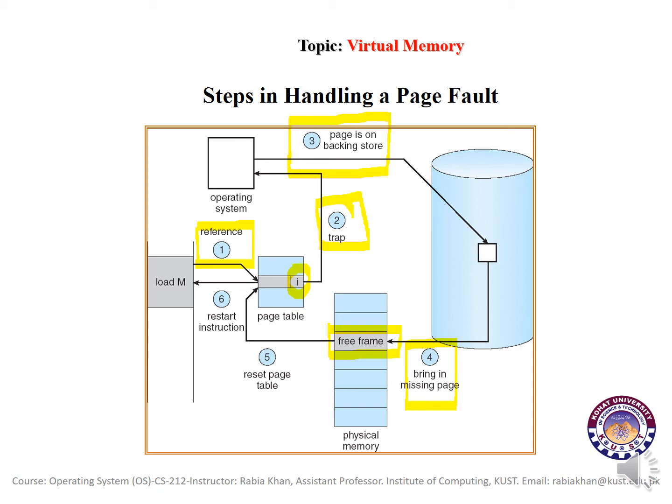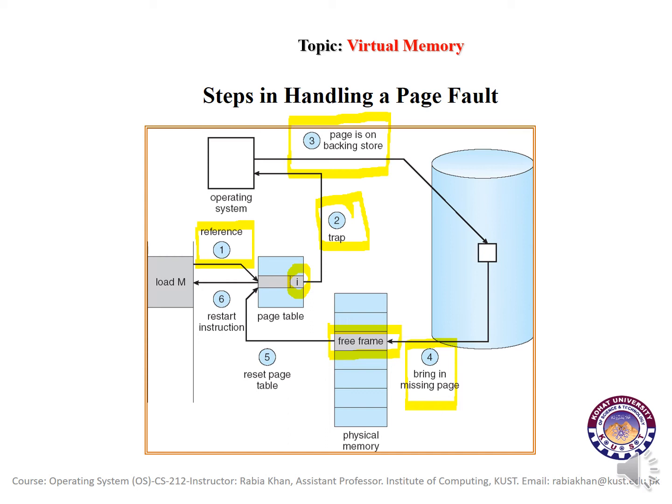But this is only if a free frame is available. And if there is no free frame, then what has to be done? The operating system swaps out one of the pages from main memory to secondary memory and loads the required page in its place, which we call page replacement.